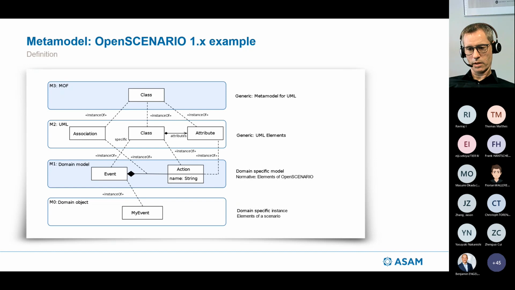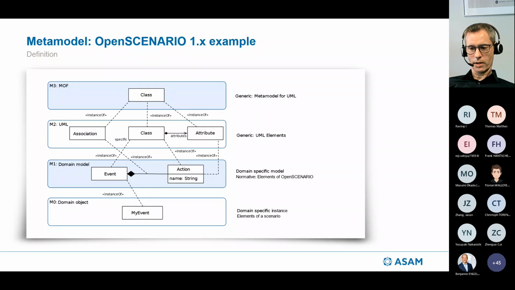You see that the name of the action is an instance of the attribute, action is an instance of a class, and the association between events and actions is also an instance, which brings us to the rules of how our domain model looks, and that is just defined by the UML element.